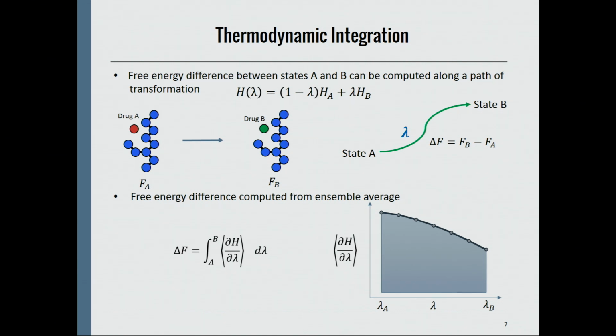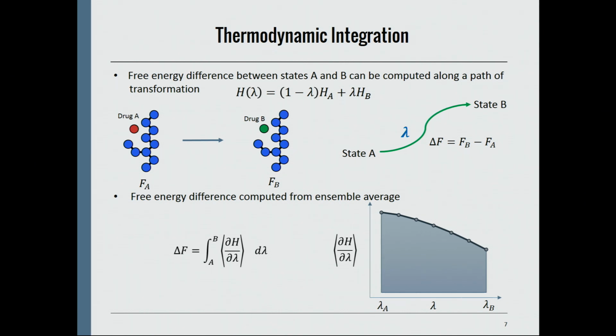Then a lambda-dependent Hamiltonian is defined, which connects state A to state B. For example, in this case, for drug and protein binding, your lambda will be the interaction of the drug with the protein, and you gradually transform your drug from A to B along the thermodynamic path. And that's what it does.